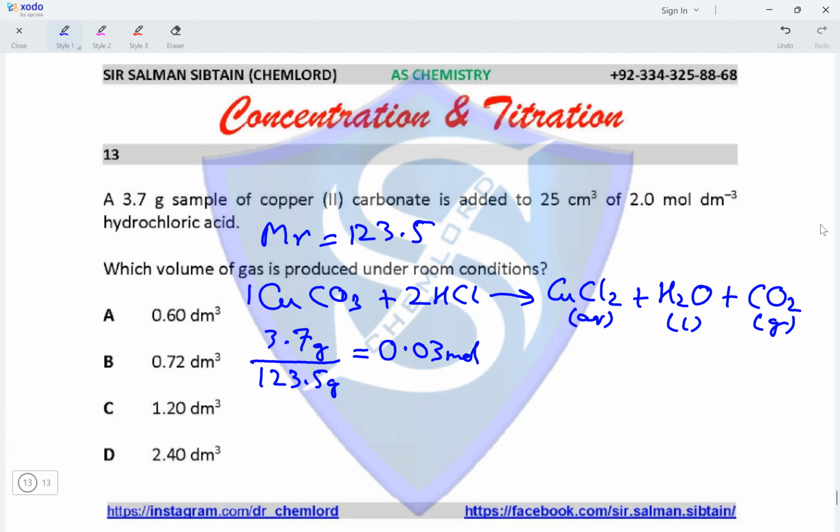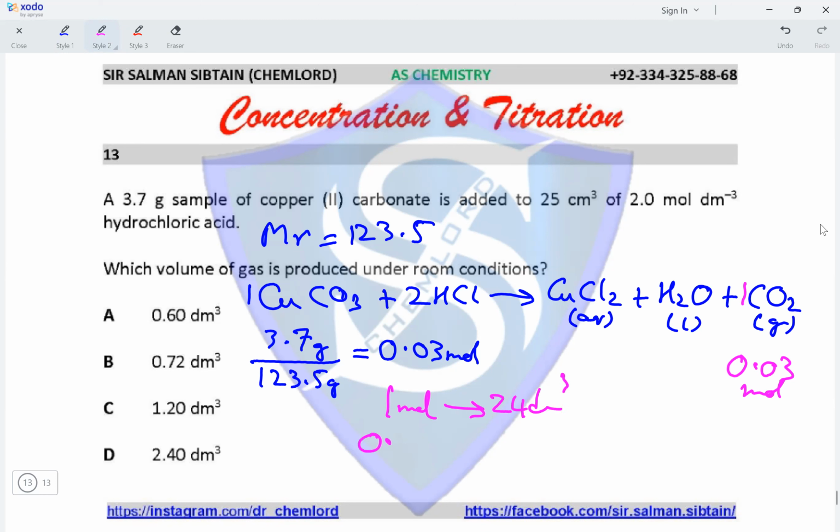Now, since the molar ratio for copper carbonate to carbon dioxide is 1 is to 1, the moles of carbon dioxide would be 0.03 moles as well. Now we need to find out the volume of gas. 1 mole of any gas occupies a volume of 24 dm³.